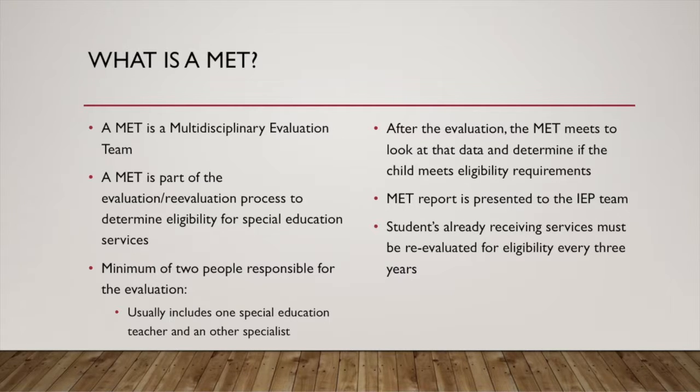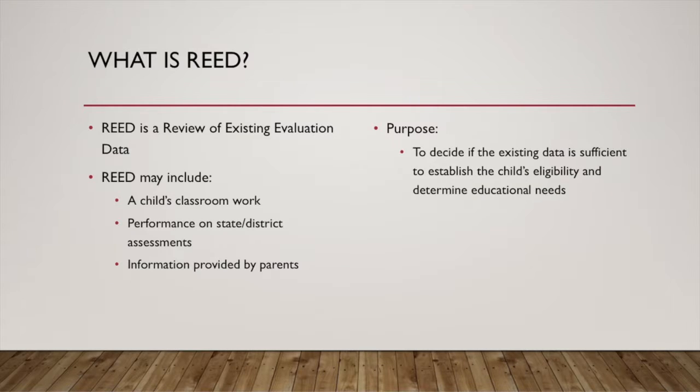After the evaluation, the MET meets to look at the data and determine if the child meets eligibility requirements. The MET report is presented to the IEP team, and students already receiving services must be reevaluated for eligibility every 3 years.